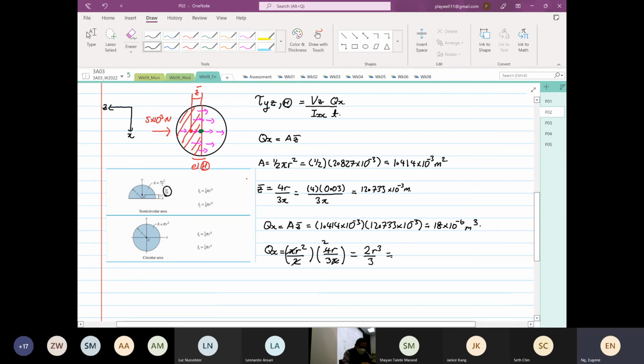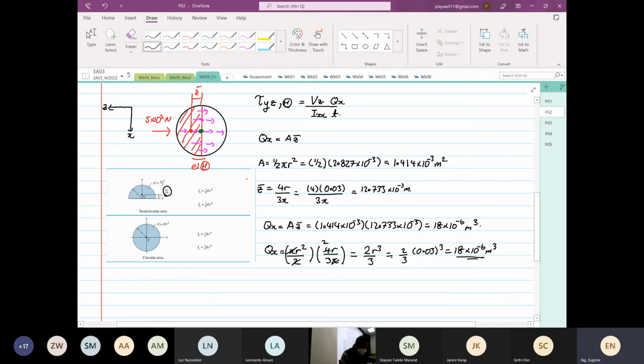So you just put 2 over 3 multiplied by 0.03 cubed. It's going to be the same value, 18 times 10 to the power minus 6 meter cubed. Same thing.